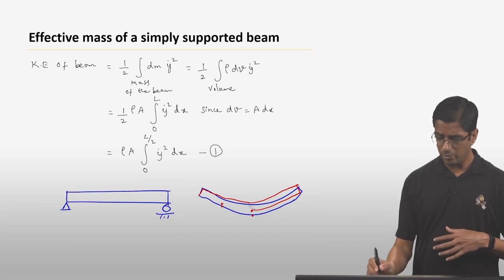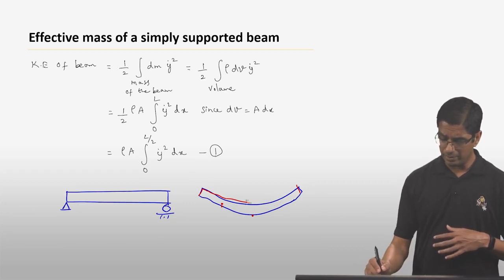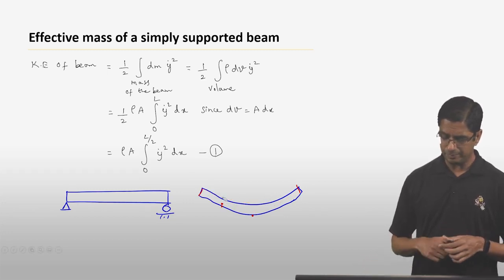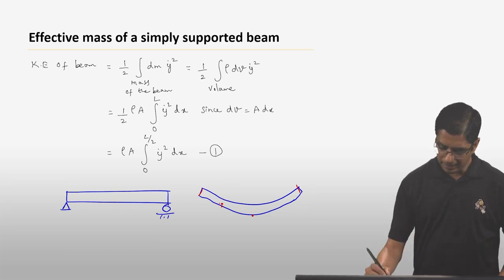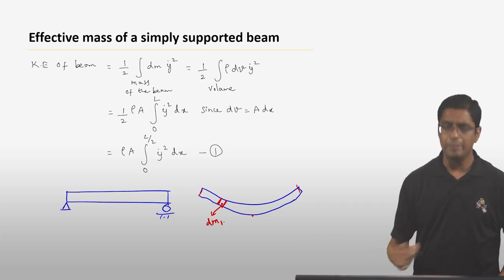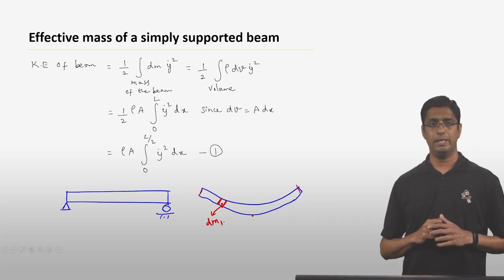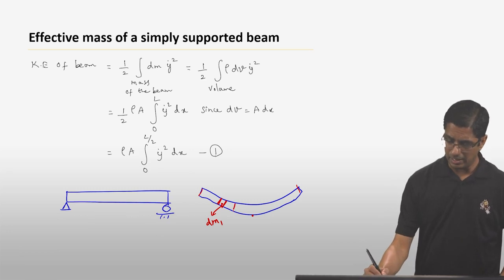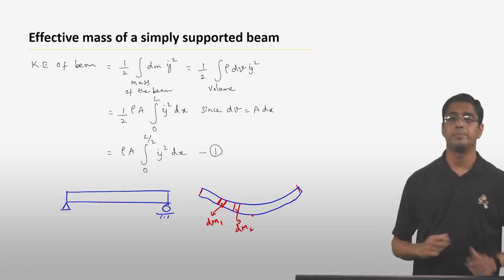So now we can be a little bit more careful. I can say that this particular small segment here has a mass dm1, and there's another small mass here that has a mass dm2.